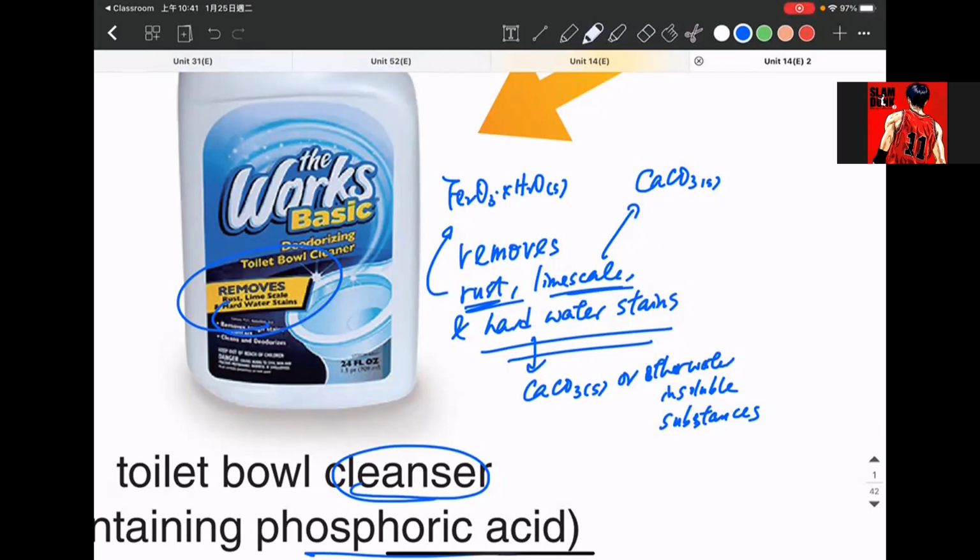Seawater. Somebody would think that it's fresh water, isn't it? Now most of the time nowadays in Hong Kong, it depends on different places actually.